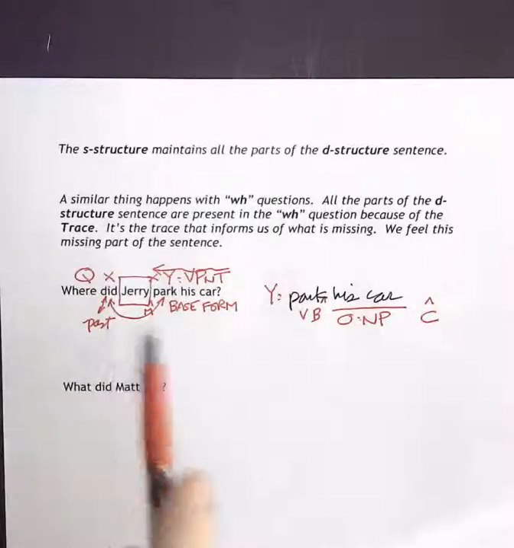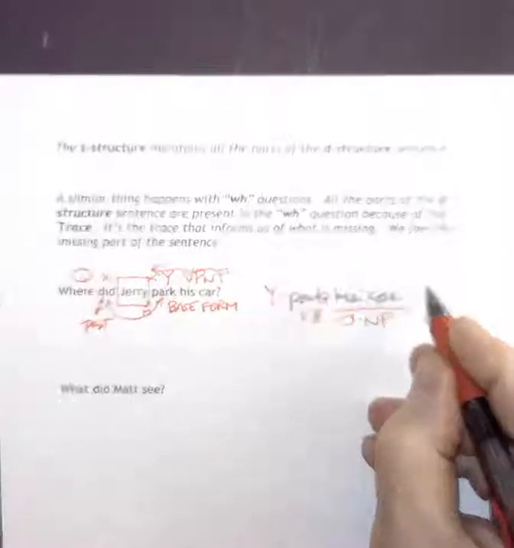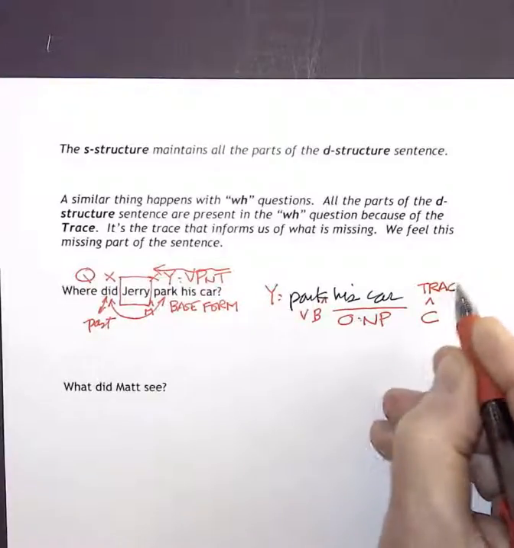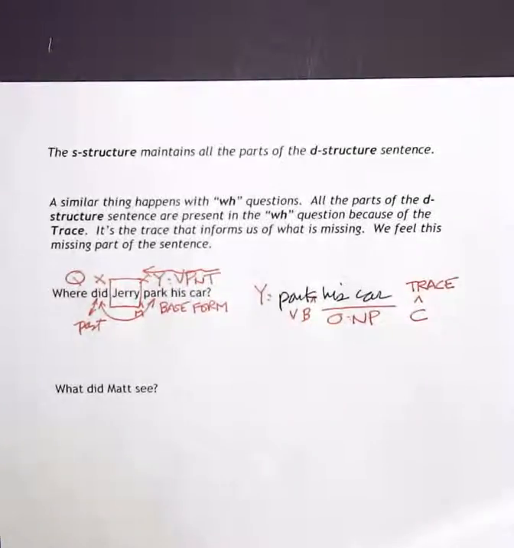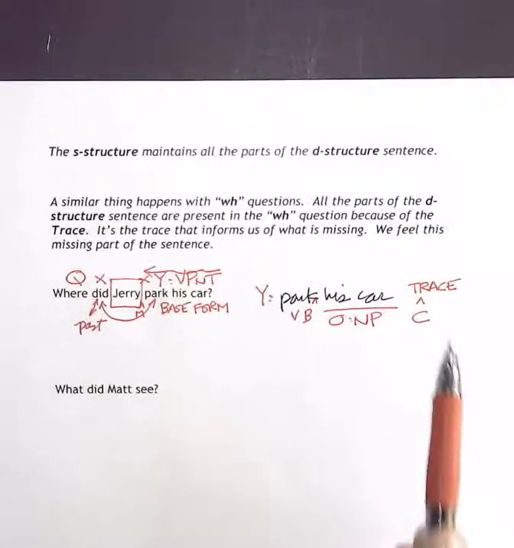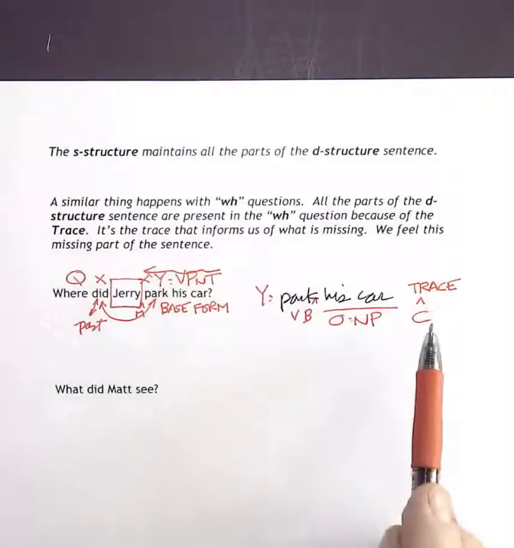But we understand this question, we know how to answer, because we recognize the trace. The missing part of the sentence is here in the complement. We know that because we feel the trace. Jerry parked his car in the garage, in front of the store, behind school.